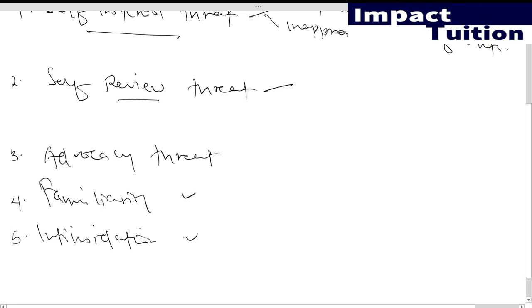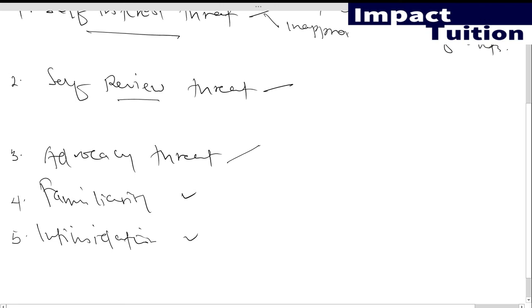So, for example, the entity needs a loan from a financial institution, and the professional accountant provides certain information that promotes the position of the entity, knowing very well that such information is false.